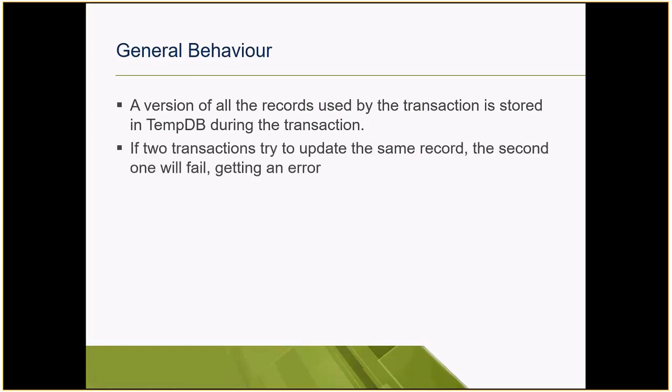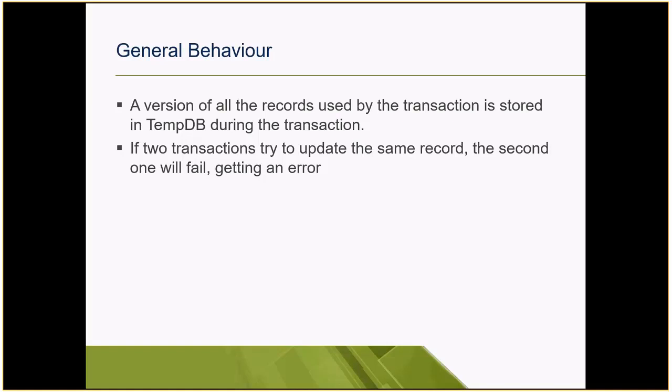If two transactions try to update the same record, the second transaction will fail, get an error. This is a very different behavior than on pessimistic concurrency. If this happens on pessimistic concurrency, the second transaction will not get an error.